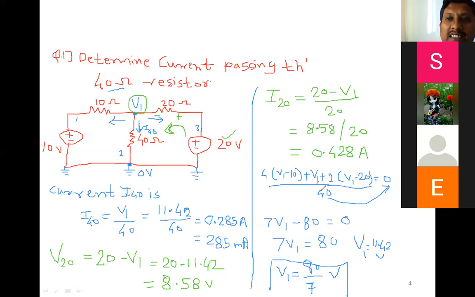Whether they are asking to find the current or the voltage across some element, based on that the fifth step will be there. Okay, so everyone understood this first example. Today we have to complete 3 examples. So we can move towards the next example.